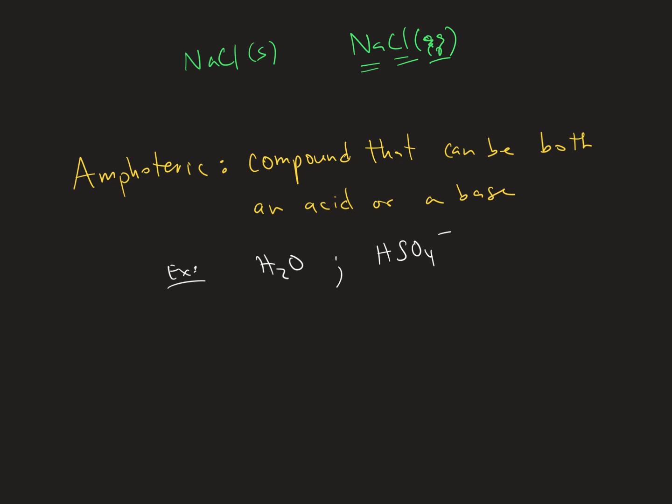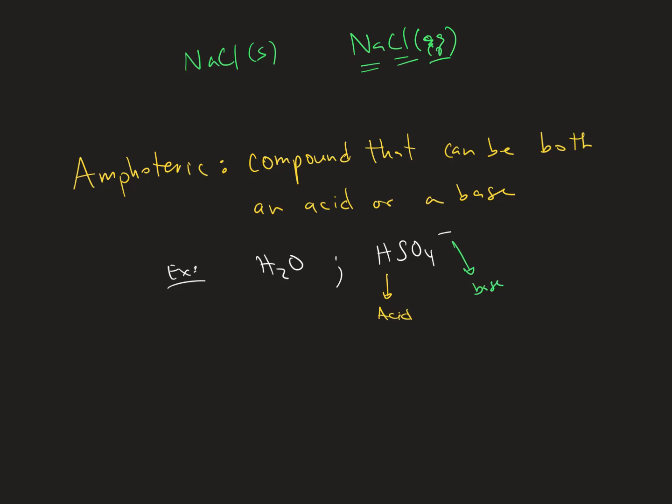HSO4 minus. It has the H in front, that's the cation, that's the H plus. That's why it's an acid. Why is it a base? Any ideas? What makes it a base? It's negatively charged.